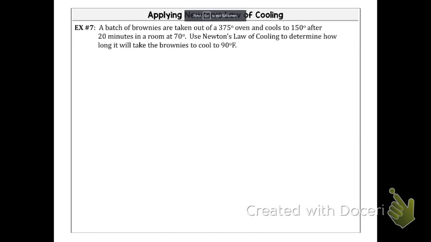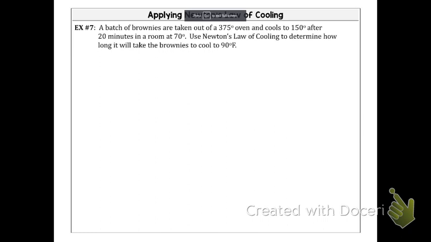They said it takes 20 minutes to cool above. So this is almost like a two-step process. We're going to use that 20 minutes to solve for an unknown variable, and then use that information to actually solve for the time it takes to cool all the way.